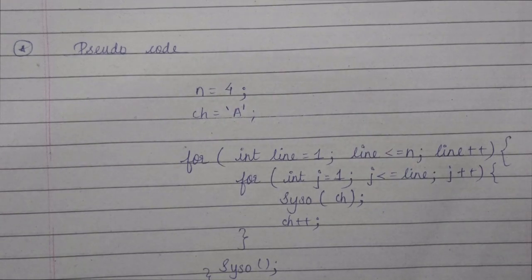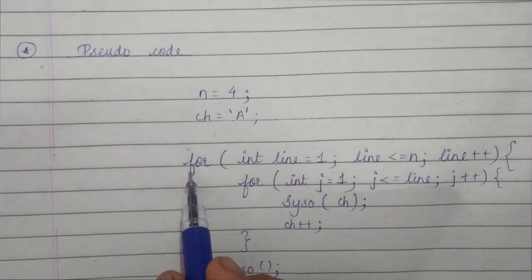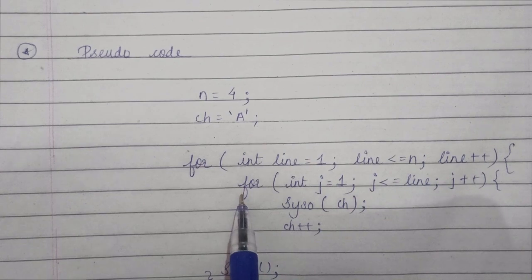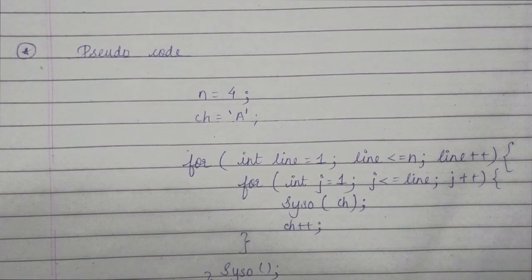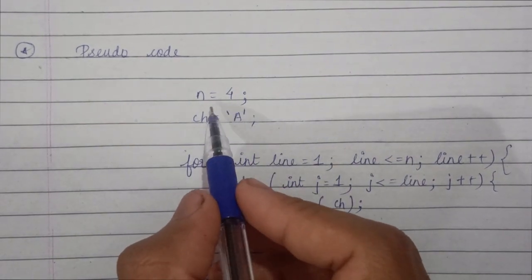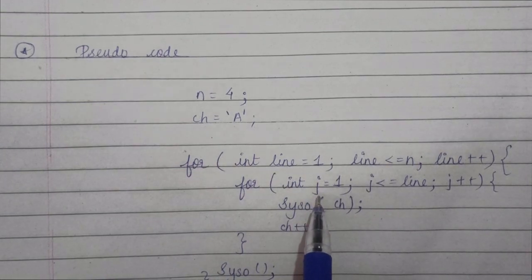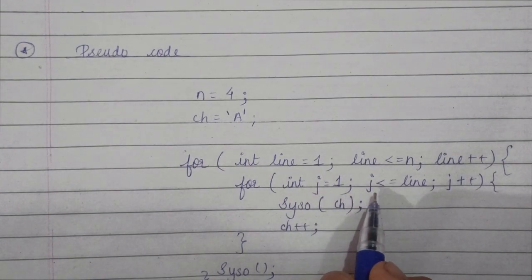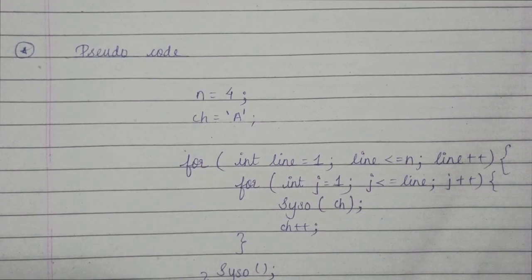Now I have run a nested for loop. This is the outer for loop and this is the inner for loop. The outer for loop goes from 1 to n, and n is 4. The inner loop goes from j is equal to 1 to j is less than or equal to line.